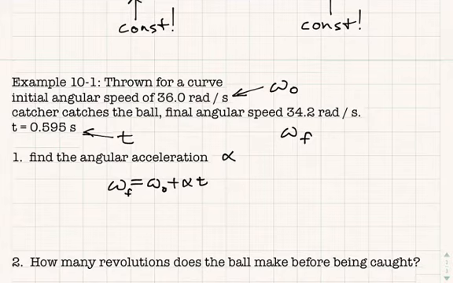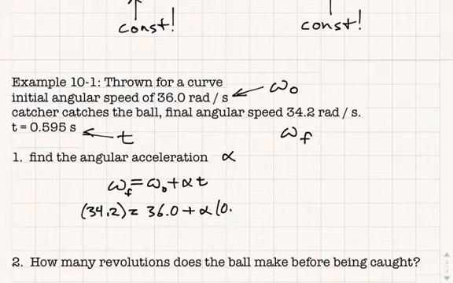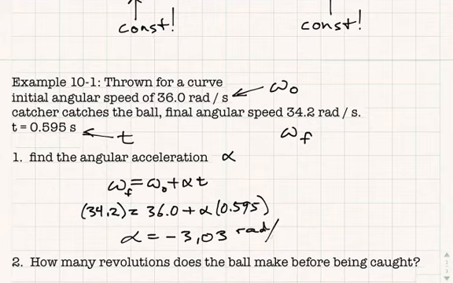So here, all we have to do is plug in values for omega f, which is 34.2 is equal to 36.0 plus alpha, which we don't know, times time is 0.595 seconds. Rearranging the equations, we can solve for alpha, which is going to be equal to negative 3.03 radians per second squared.